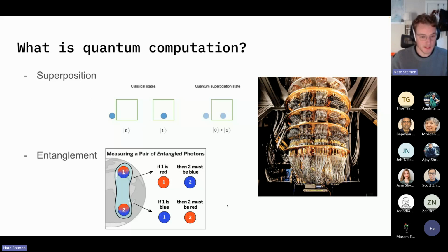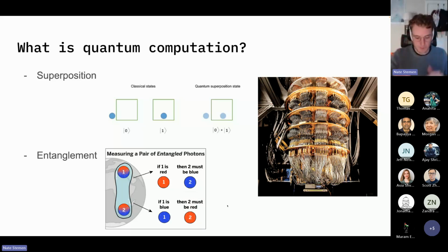You can simulate that effect using classical bits, but it's not the same inherent process. So these are the two properties that quantum systems have that classical systems do not have.